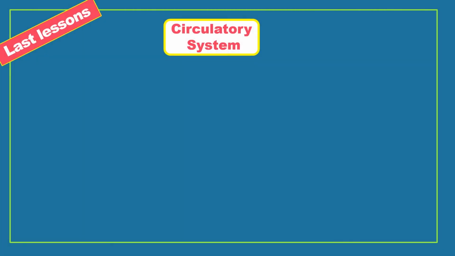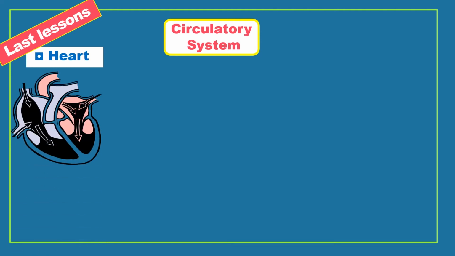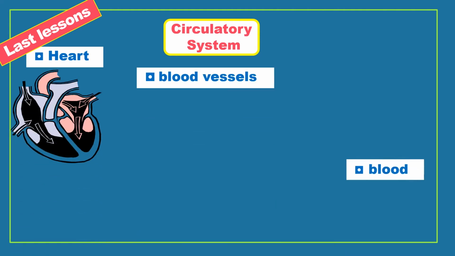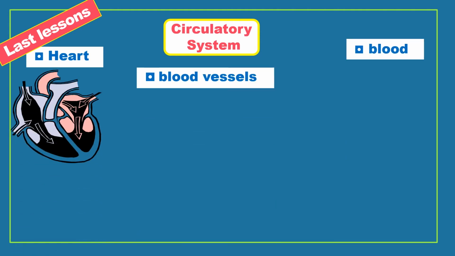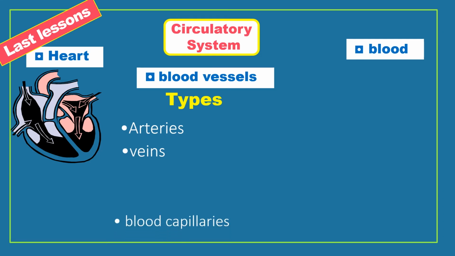Again, I said the circulatory system consists of heart, blood vessels, and blood. There are three types of blood vessels, which are arteries, veins, and blood capillaries.